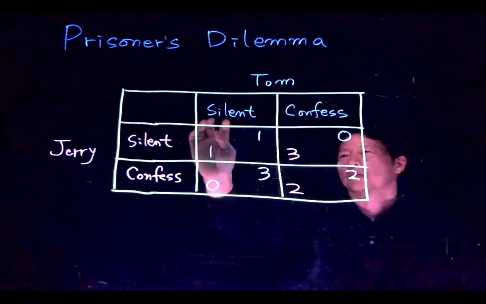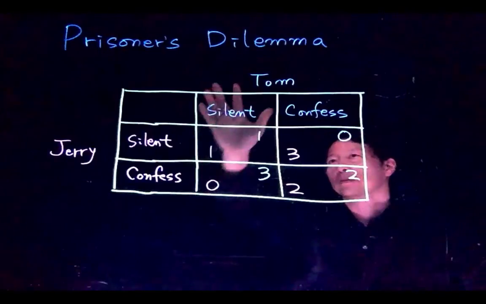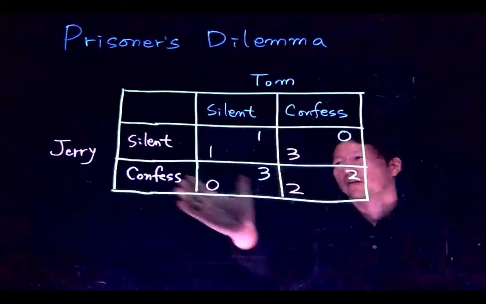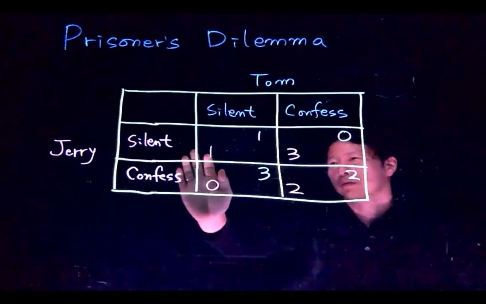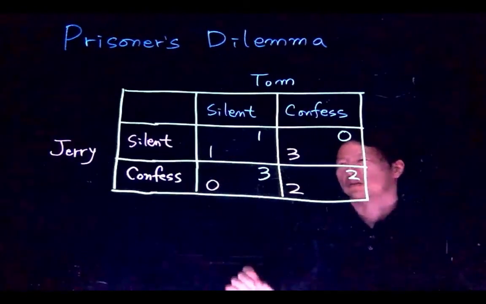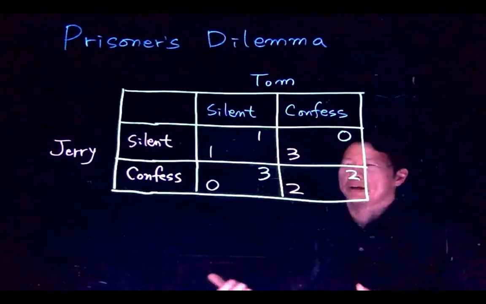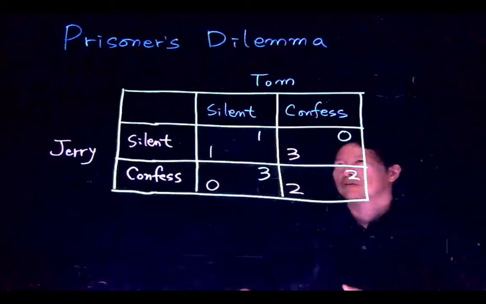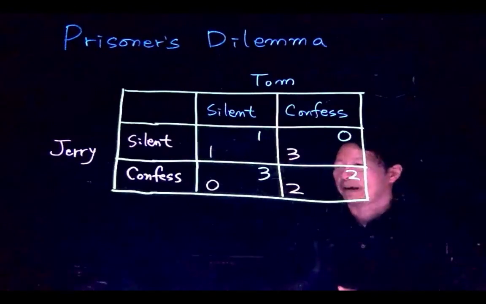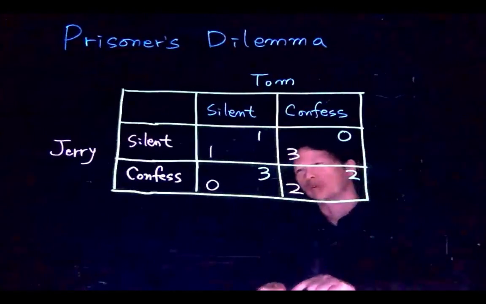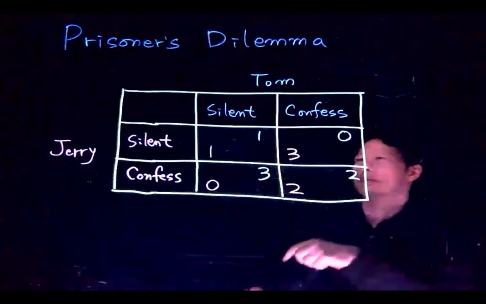If Tom stays silent, what should I do? If Tom stays silent and we keep silent too, then we have to stay 1 year in jail. And if I confess, I can walk away, so 0 years. So if Tom chooses silent, we have to choose confess, right? Confess is the best option if Tom chooses silent.